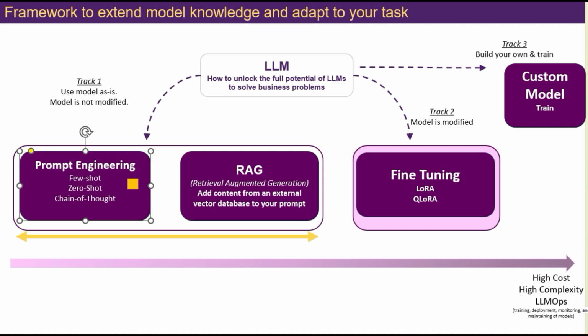You don't need to go over here, but for big companies and complex use cases, you might go over here. So you start your journey over here, and then you do RAG, you do prompt engineering, you do both, and then you get comfortable, and then you go over here for the more complex use cases.